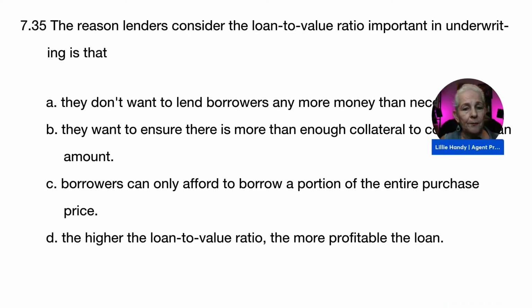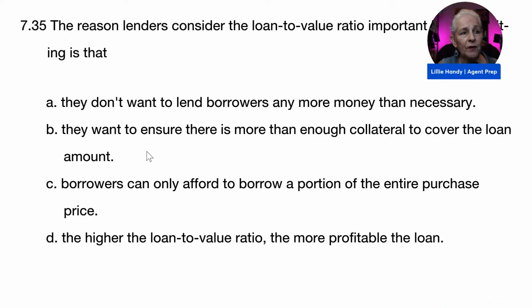Or D, the higher the loan to value, the more profitable the loan. So what do lenders want to make sure? The reason lenders consider the loan to value ratio important.